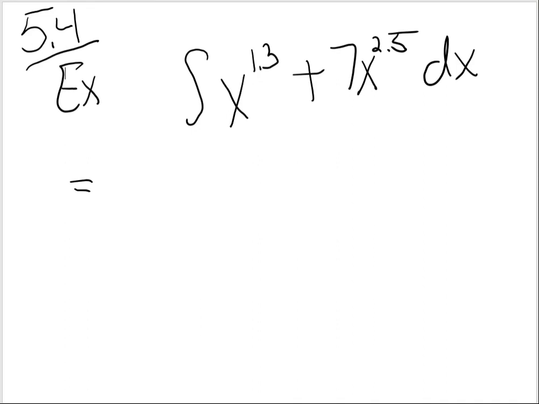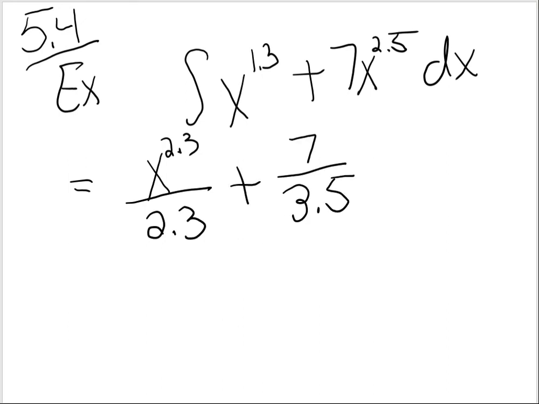The indefinite integral would be x to the 2.3 divided by 2.3 plus 7 over 3.5 x to the 3.5 plus c. You will get the answer wrong if you don't have the plus c. Yeah, and so let's do another one.